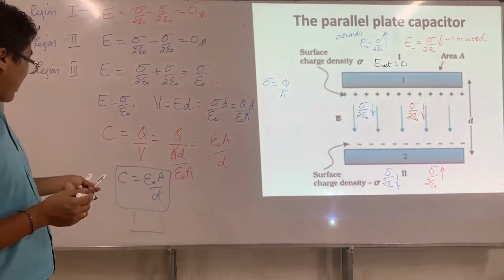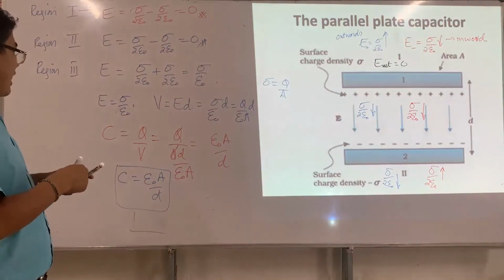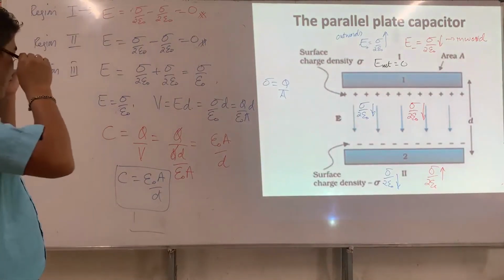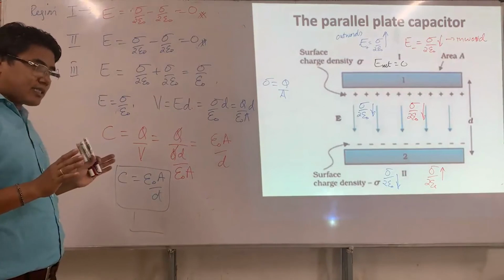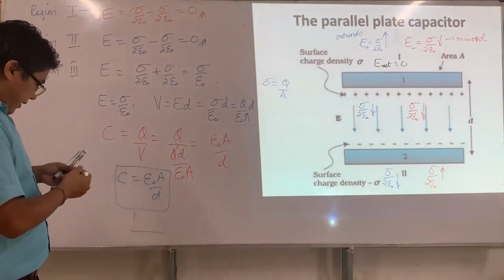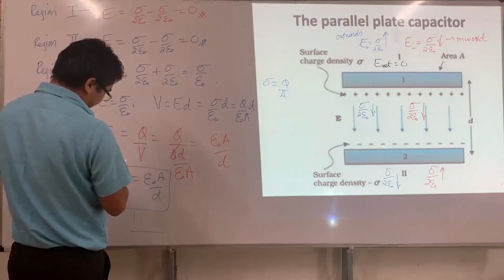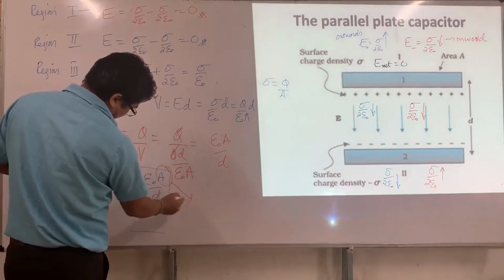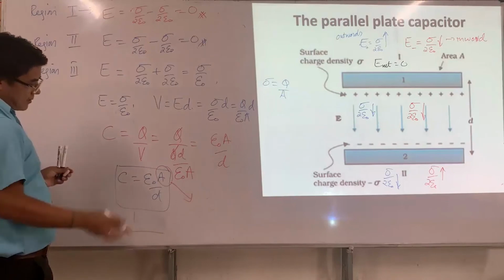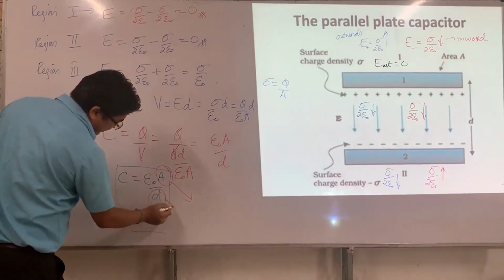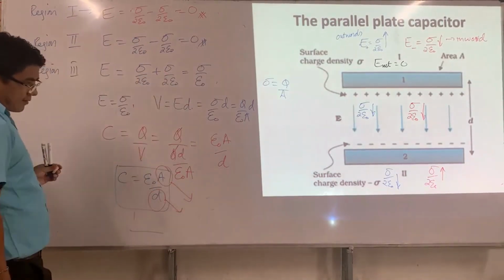Alright, so now look here. Looking at these expressions, capacitance is not defined by a charge and a potential. A is the area of a plate, and d is the distance between the plates.